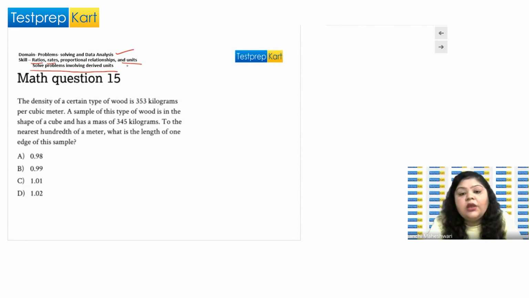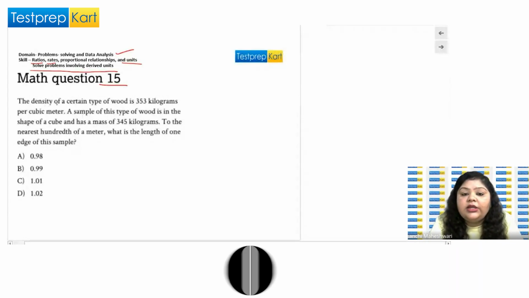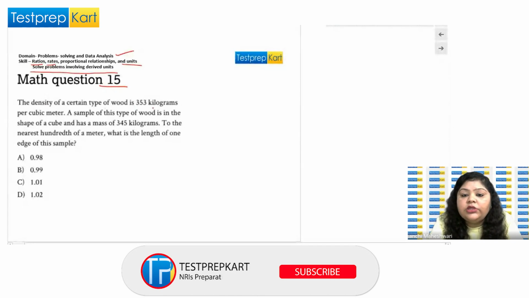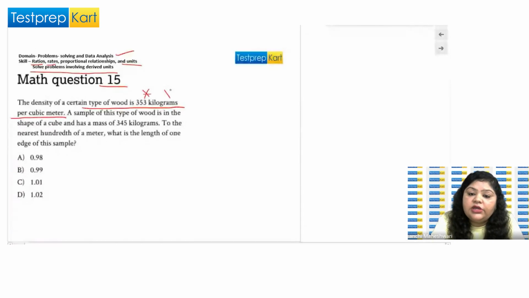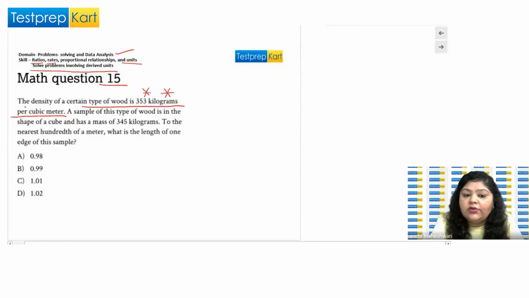Now question number 15 is saying the density of a certain type of wood is 353 kilogram per cubic meter. So of course it's a measurement, it's a numeral, so we have to remember that, and that is kilogram per cubic meter.